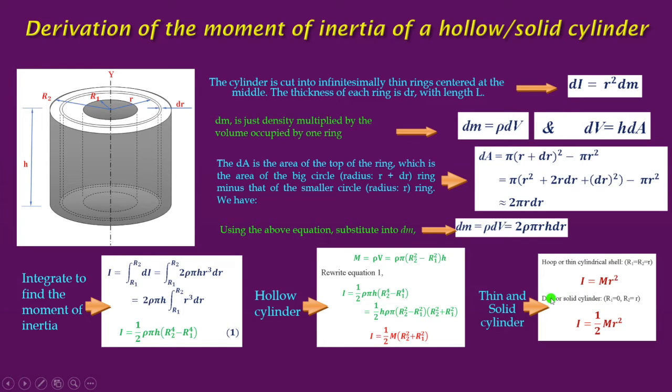And in case of a solid cylinder, solid means what? R1 equals 0, meaning no hollow part is there. Substitute R1 equals 0 here, and the external radius is simply R. So we are getting I equals half M r square, where r is the radius of the cylinder. I think it is better to write capital R here, because small r we have considered as a variable.